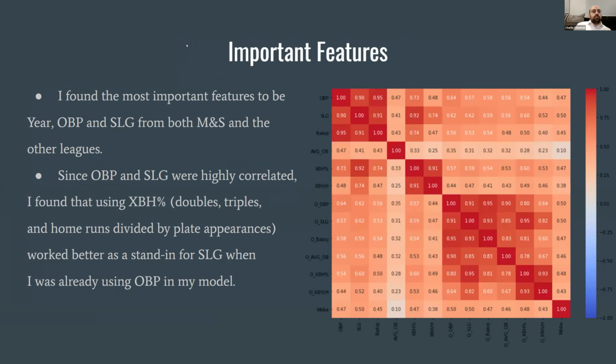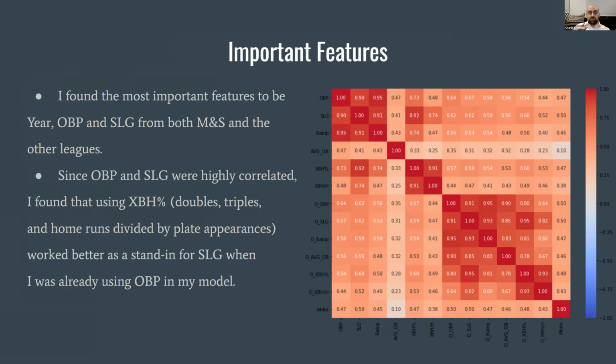Okay. I found the most important features to be year. So I guess the dynamics of the league changed from earlier to later. So the year was a big factor, along with on-base percentage and slugging percentage from both M&S and the other leagues.